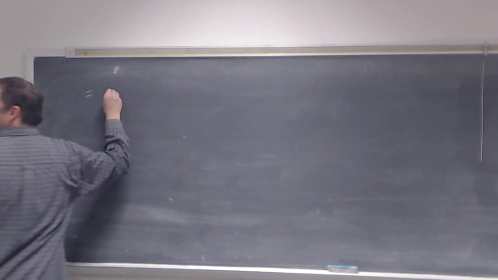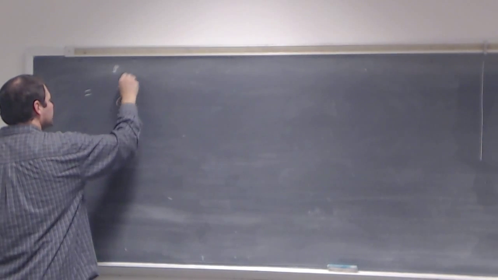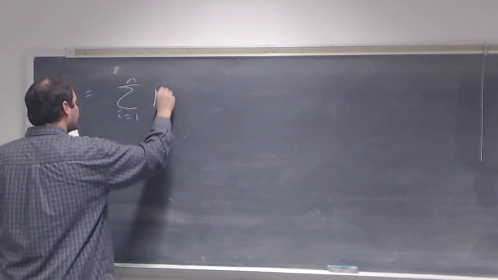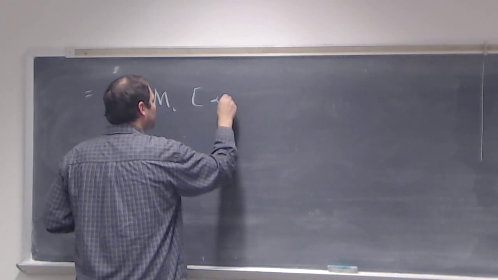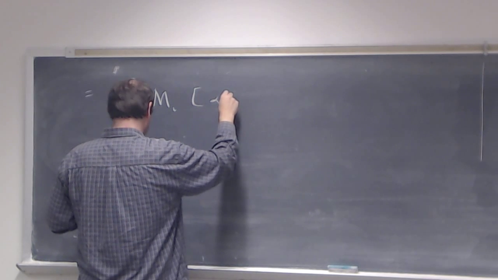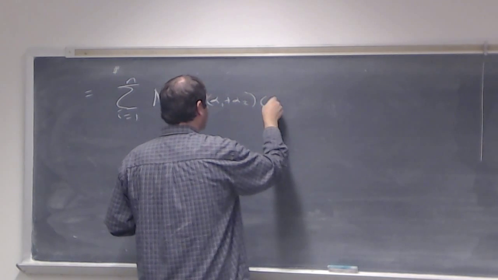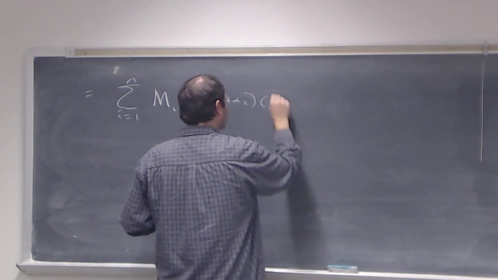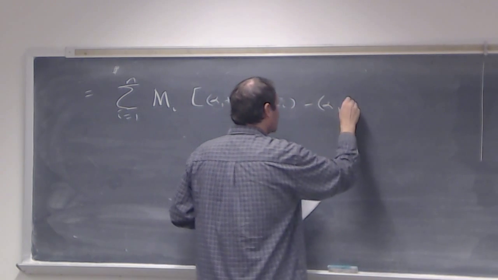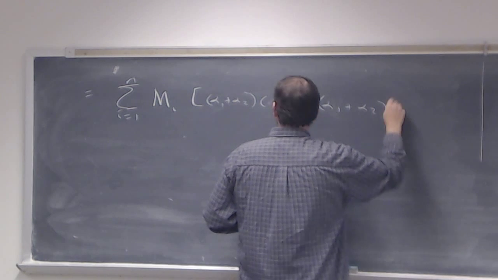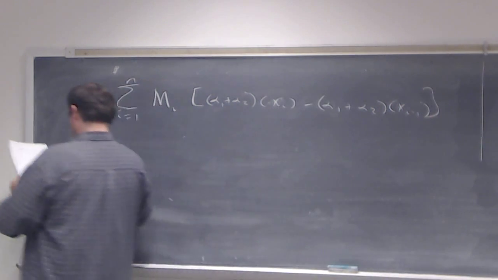That's equal to the sum as i runs from 1 to n of M sub i times alpha sub 1 plus alpha sub 2 acting on x sub i, minus alpha sub 1 plus alpha sub 2 acting on x sub i minus 1.